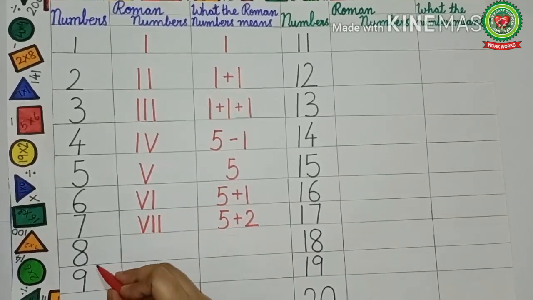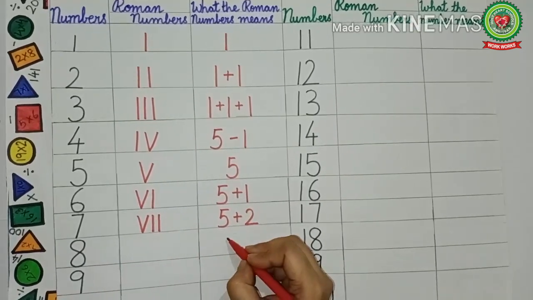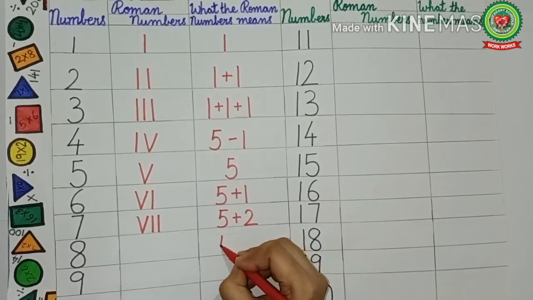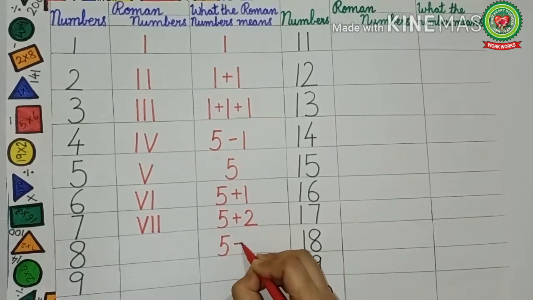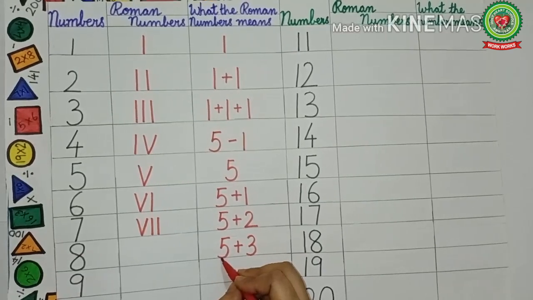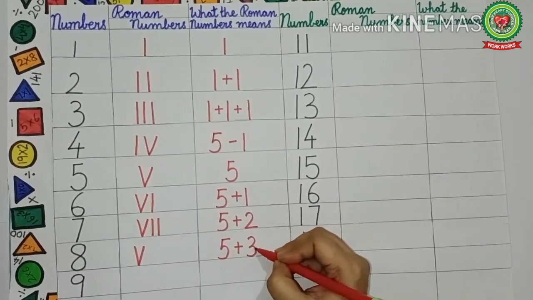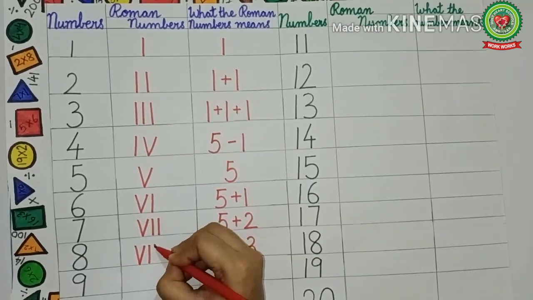Now next is 8. What is the meaning of 8? 8 means 5 plus 3. So how do we write 5? V. How do we write 3? That is I I I.